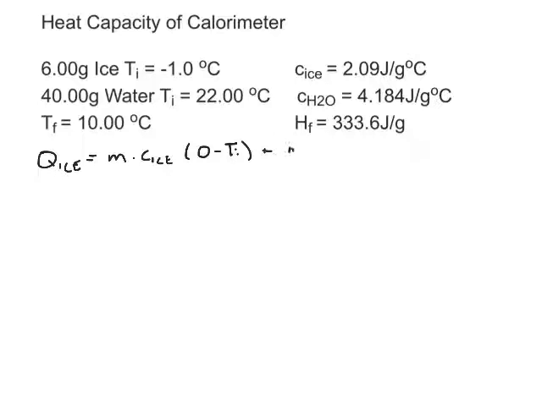Now we need to melt it, so mass times heat of fusion, plus. Now it's going to be liquid state, and we need to heat it up the rest of the way to the final temperature in the liquid state. So I'm going to switch gears and use the specific heat for water times final temperature minus 0, because the initial temperature in the liquid state is the melting point, 0 degrees.